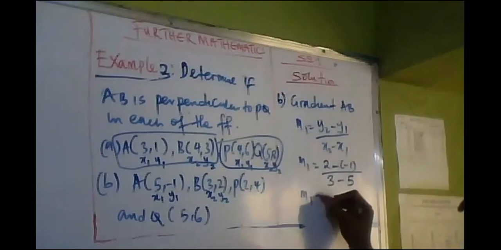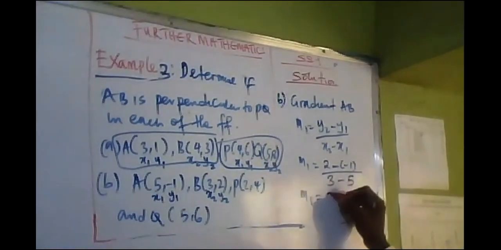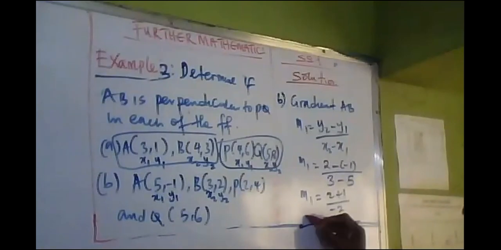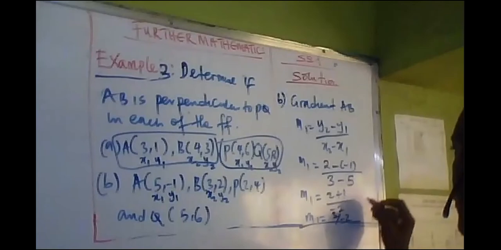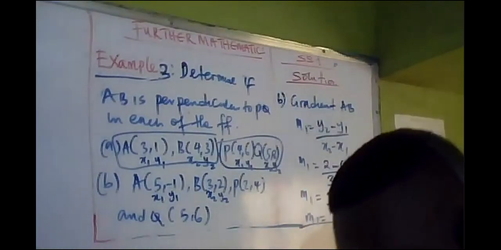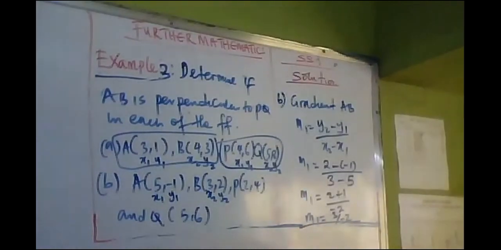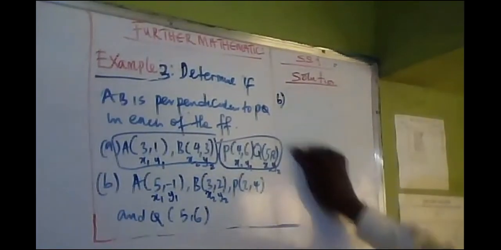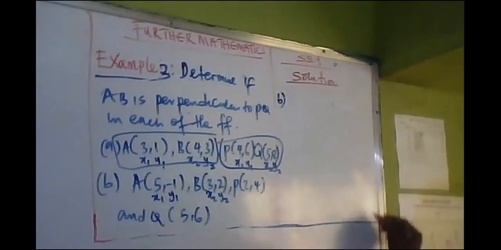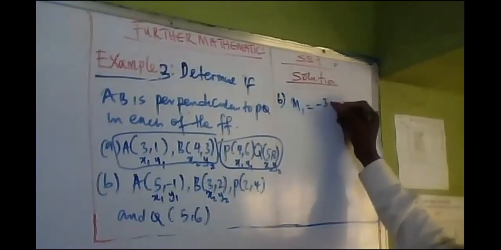So M1 gives 2 plus 1 over minus 2, which is 3 over minus 2. That is minus 3 over 2. So my M1 is minus 3 over 2.